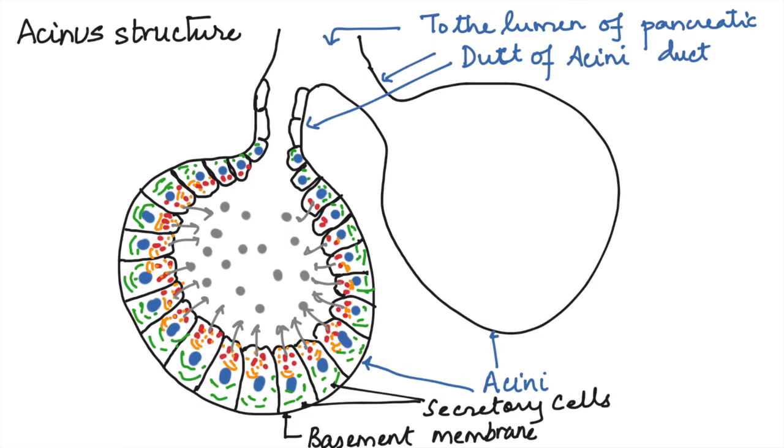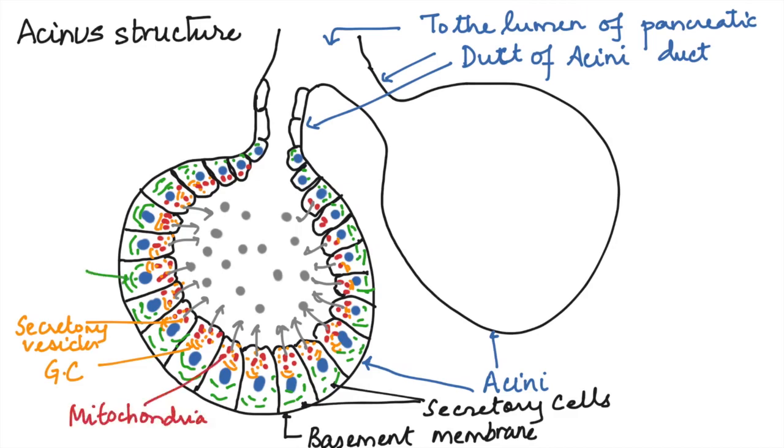In the apical part of these cells, we can see small vesicles, that is the secretory vesicles. So this completes all the labelings of the exocrine gland. These cells, like I said, also show the presence of a large number of Golgi complexes, mitochondria and endoplasmic reticulum.